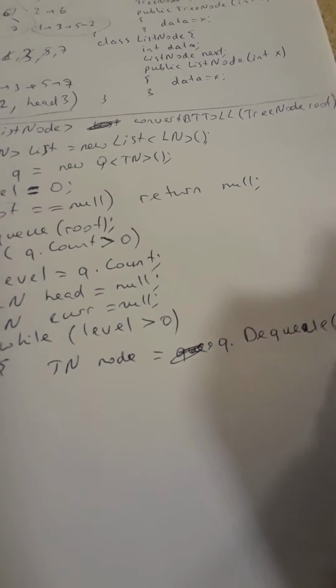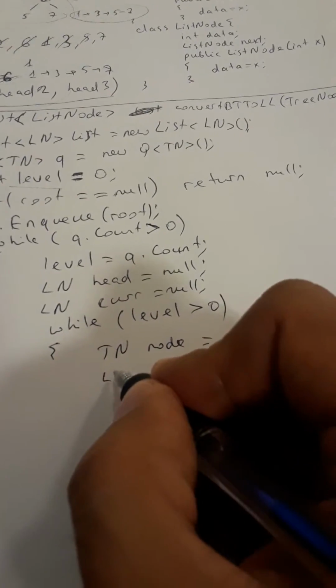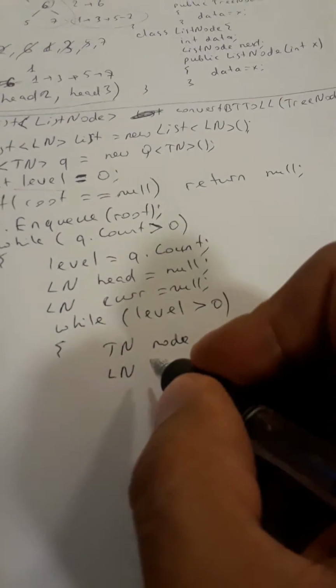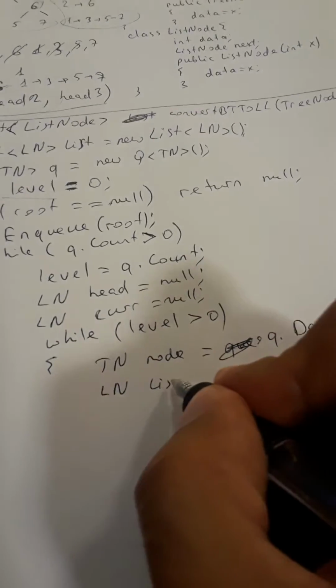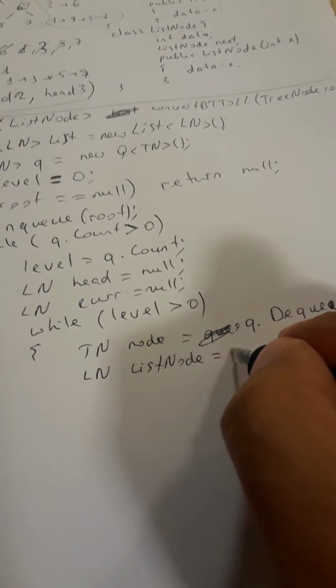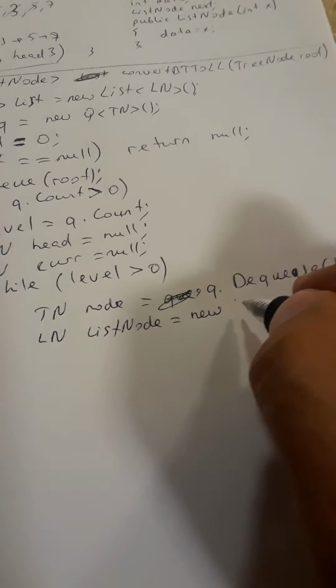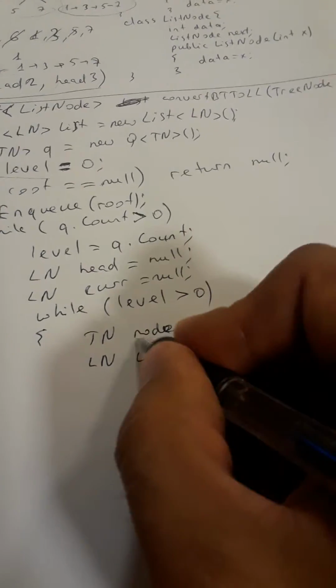So at the beginning it's just a root node, then we will initialize a list node. I call it just list node.